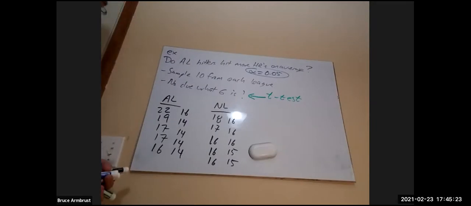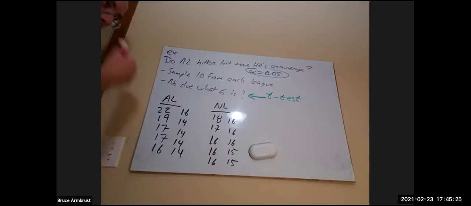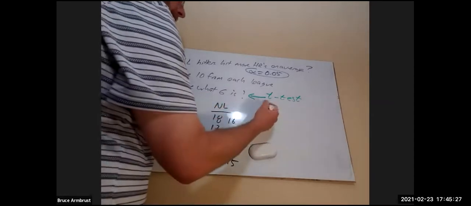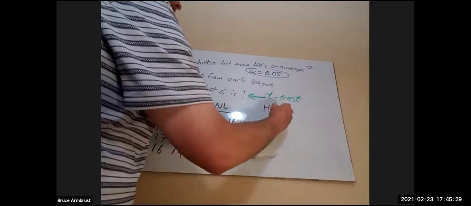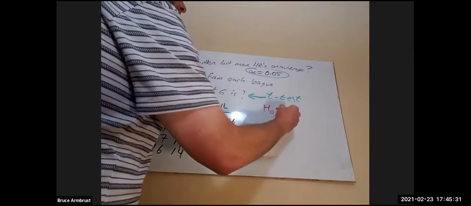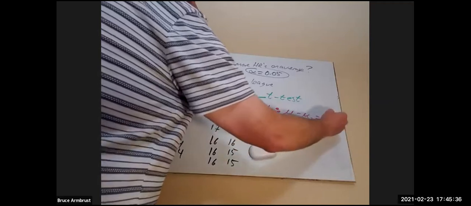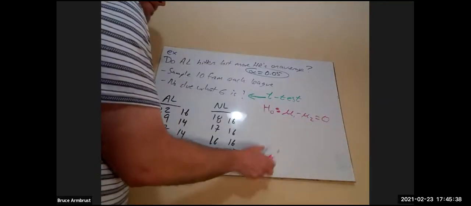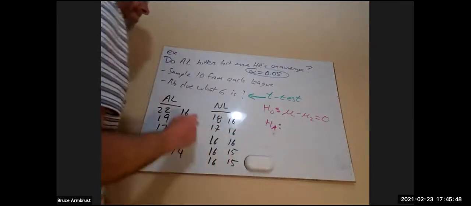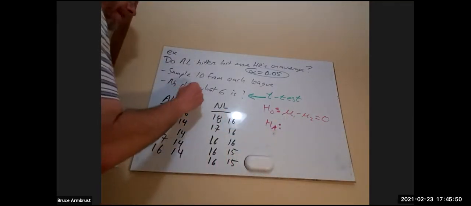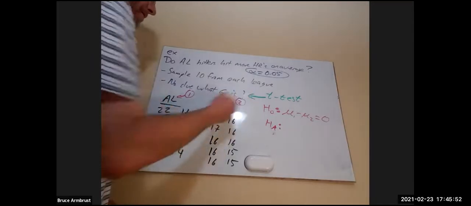And let's also write down our null and alternate hypotheses. So the null hypothesis, again, is that the difference in those two is equal to 0. And then the alternate hypothesis, if we specify them as groups, we'll just go ahead and do them again in order.